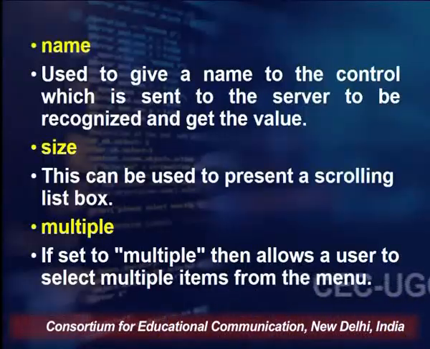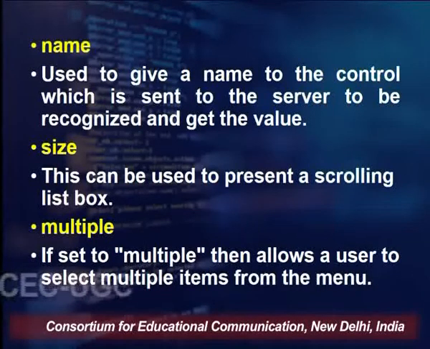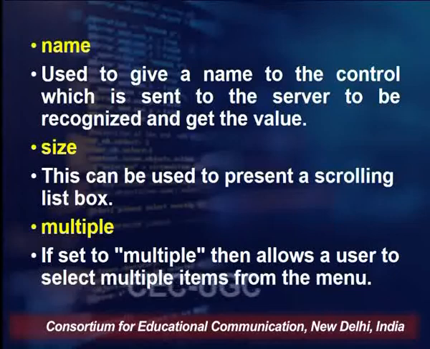Then for the select control, we have two more attributes. One is size, which is basically a number. We can say size is equal to 5 or size is equal to 6, which is used to present a scrolling list box. How many options you are going to see on the screen is controlled by the attribute size.